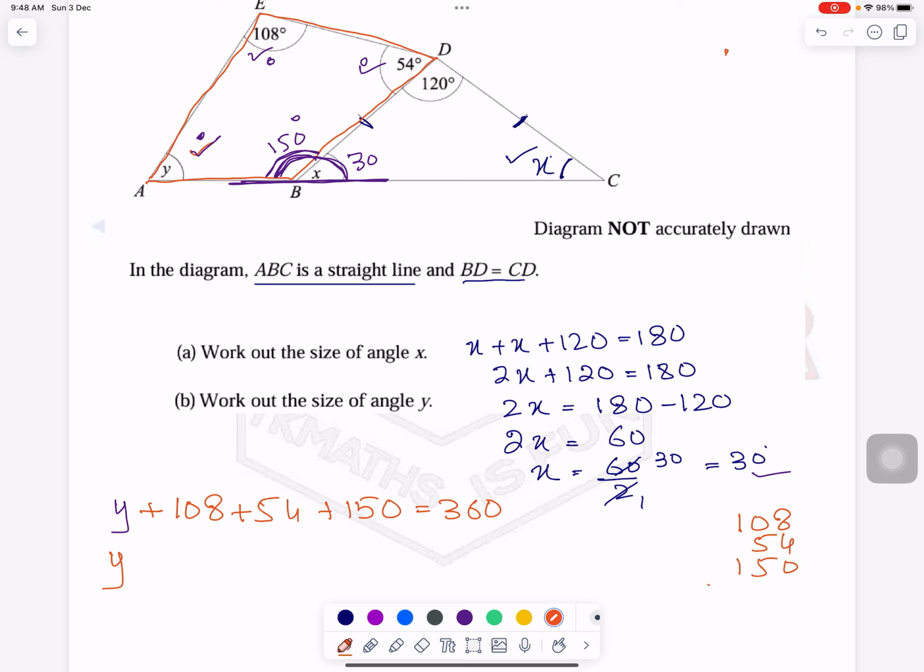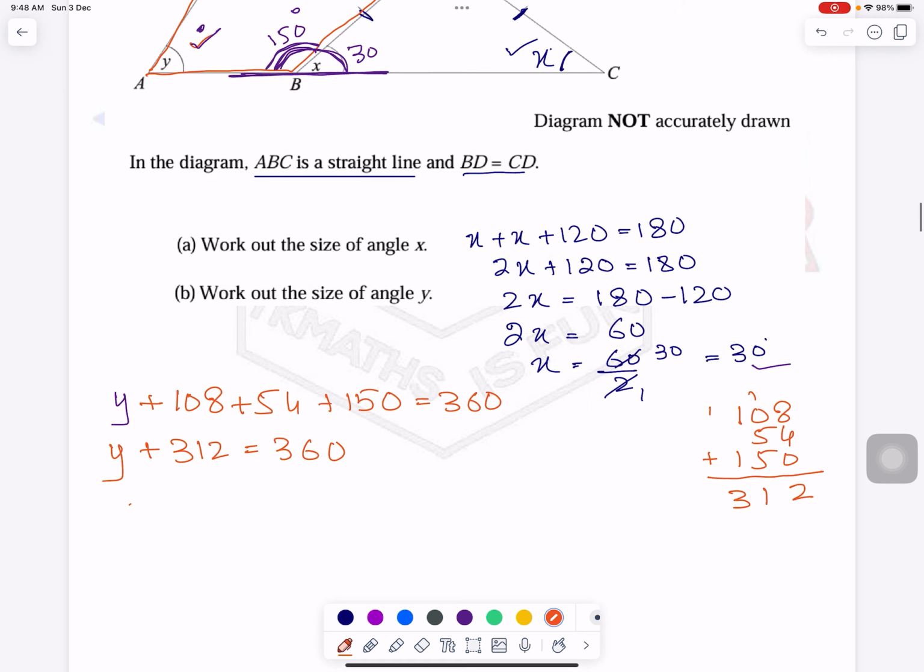So the choice is yours. I'm doing it here for you to show in case you don't know how you will do it. So it is 312. So 312 is equal to 360. And you know algebraically to calculate y, I will subtract 312 from 360. I think simple subtraction everyone knows. So y is equal to 48 degrees.